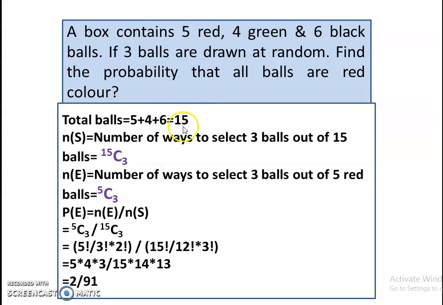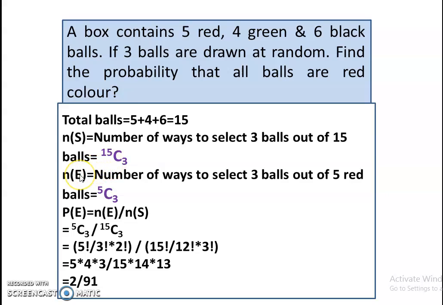So in total we have 15 balls. So we can select 3 balls out of 15, and this will give number of sample space. As we already discussed in combination how to count number of ways, here we are selecting 3 balls out of 15, and this will give number of possible outcomes.